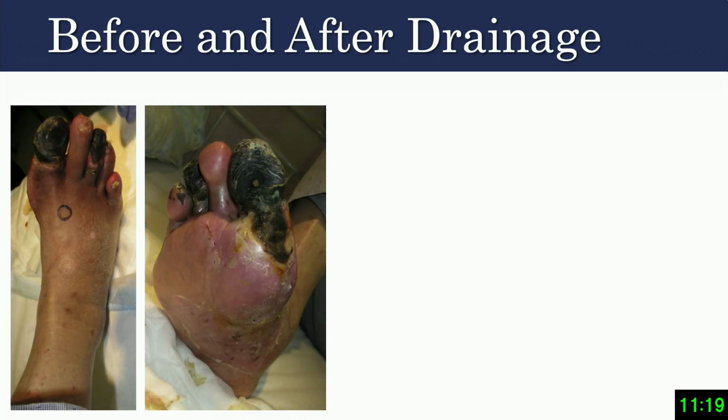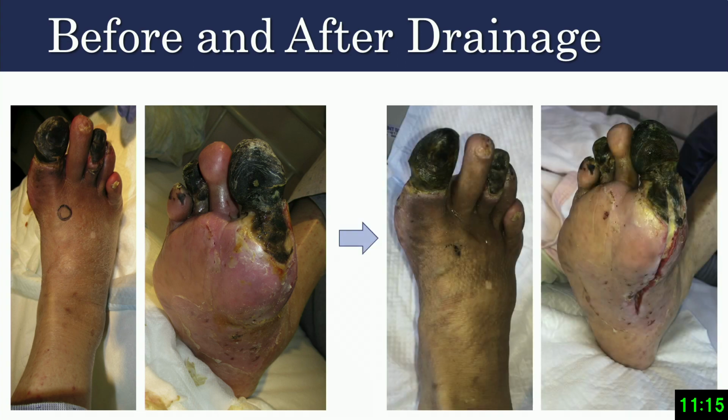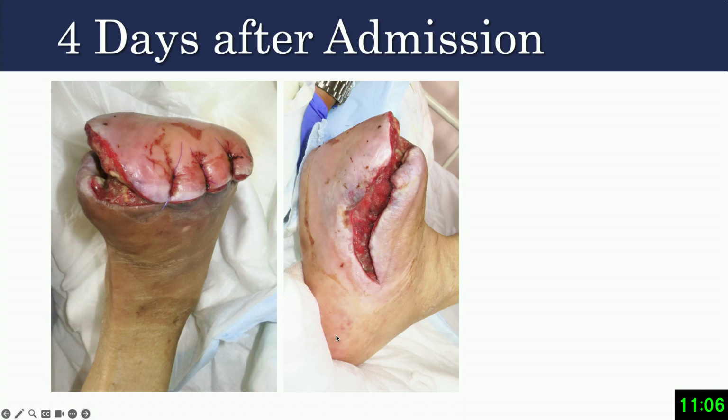This is the picture before drainage, but after drainage, the redness was gone. And 4 days after admission, transmetatarsal amputation was done.